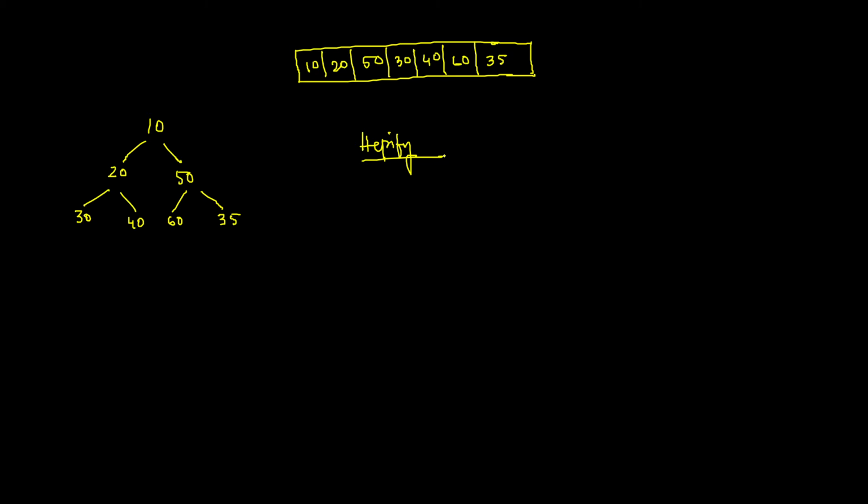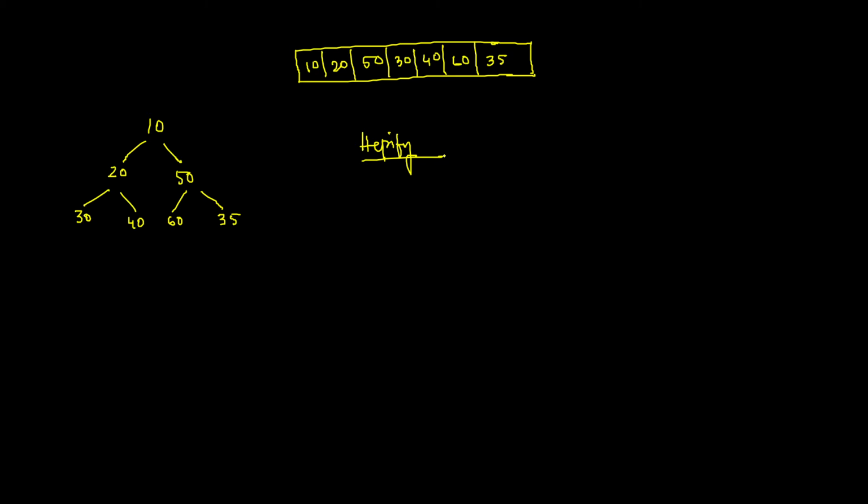So the process of creating either a max heap or min heap is called heapify. Now since we want to sort it in increasing order, that is why we want to create a max heap.